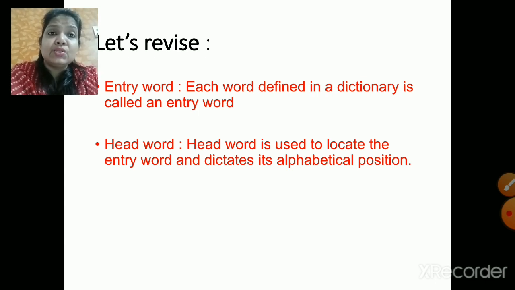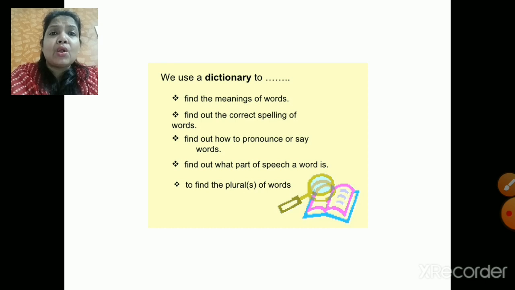A head word is used to locate the entry word and dictate its alphabetical position. We will be doing a lot of activities based on that today, okay?